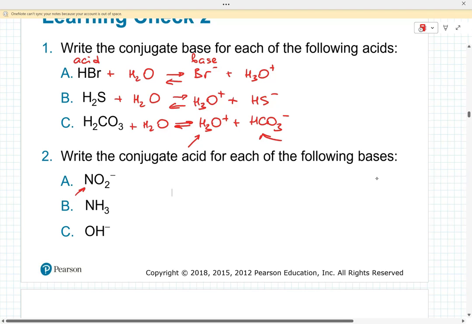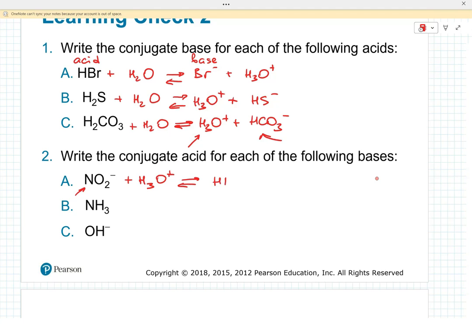So here I'm going to decipher the first one. I'm going to deliberately put H3O plus. So what we have is HNO2, right? And water. Does that make sense?